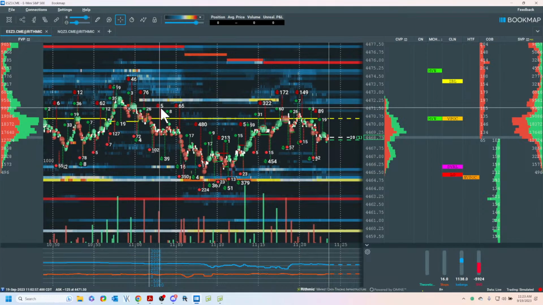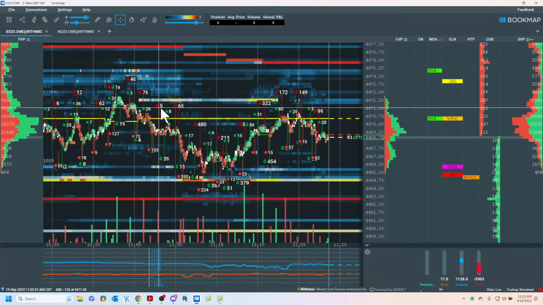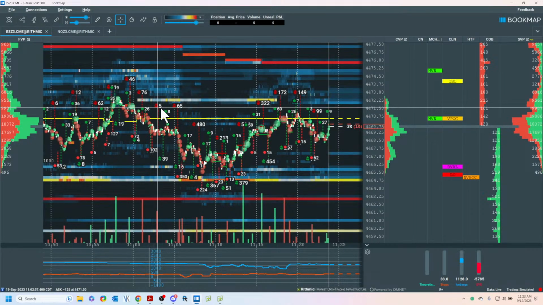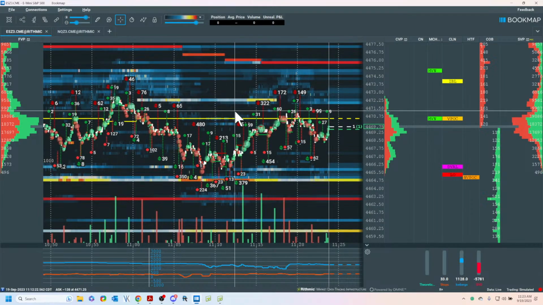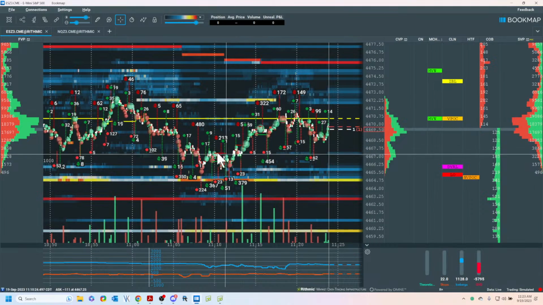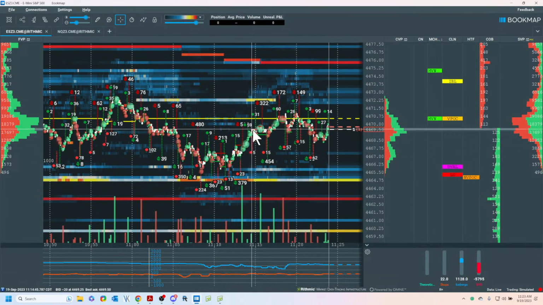I started trading in 1980, and really we didn't even have computers back then. We had terminals, and when we first got something where you could have multiple time frame charts and all that, it was pretty exciting. We had Wells Wilder.